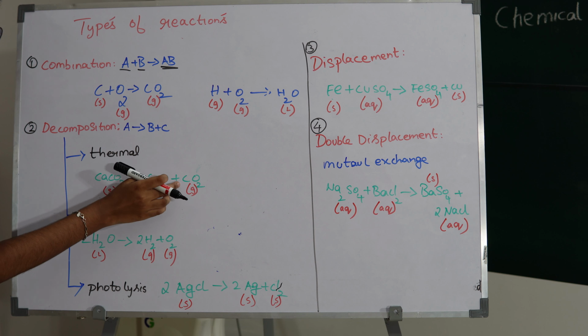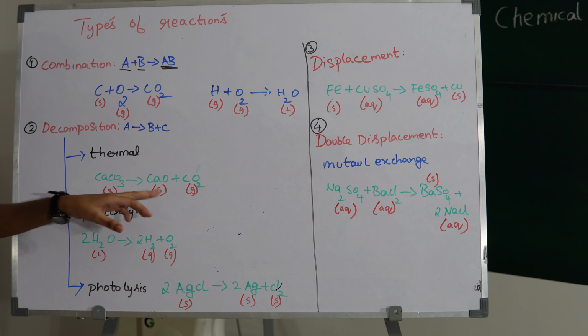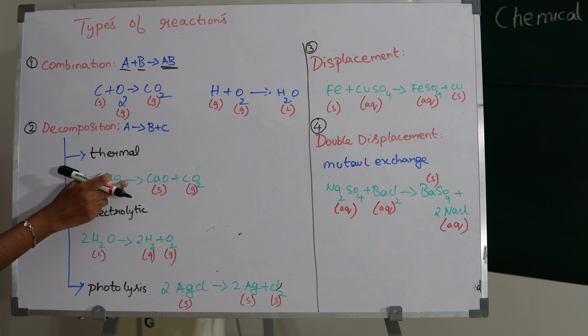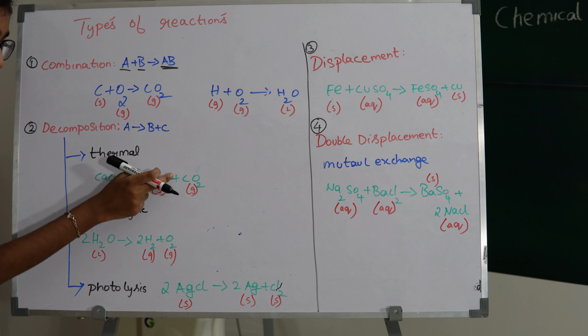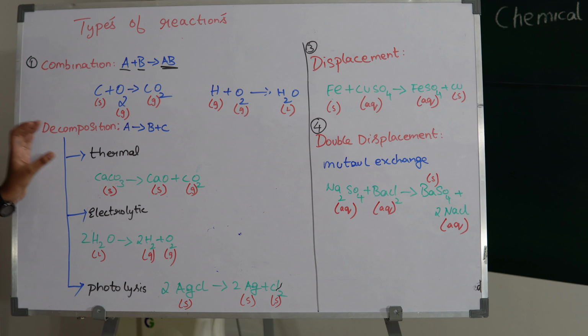CaCO3 gives CaO plus CO2. Calcium carbonate gives quicklime plus carbon dioxide. So CaCO3 is a solid, CaO is a solid, and CO2 is a gas, which is done by carrying out heat.